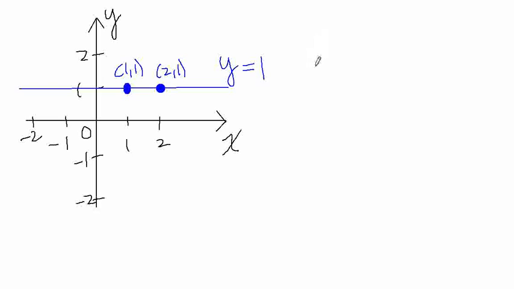Remember the slope is denoted by m. That's 1 minus 1 over 2 minus 1, which is 0. So horizontal lines have equations of the form y equals a number, and their slopes are 0.